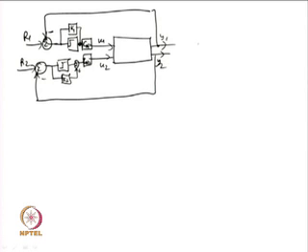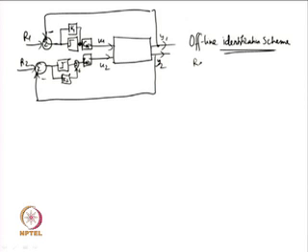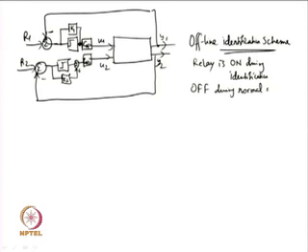So, this is how we get an offline identification scheme, where the modified relay is switched on during identification, whereas it is switched off during normal operation of the decentralized control system.